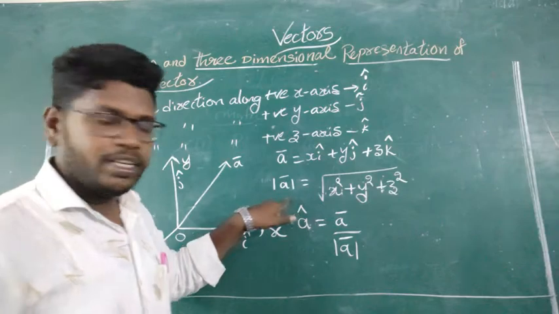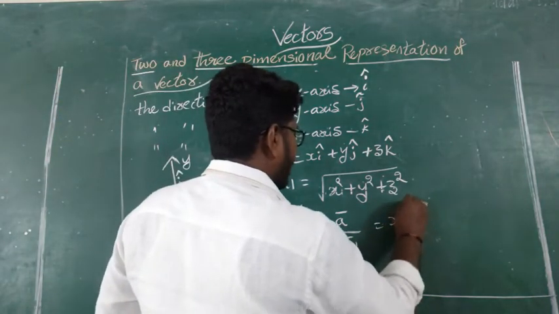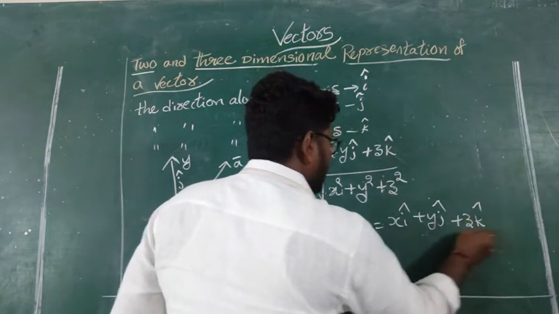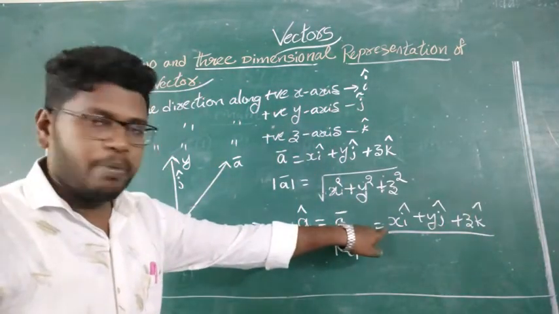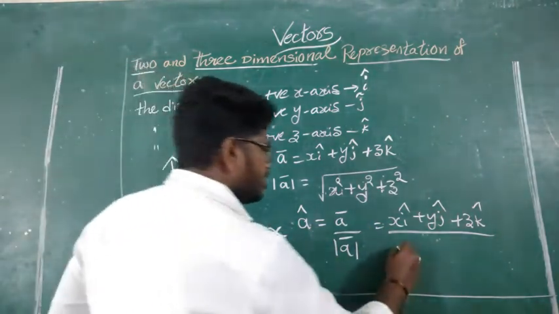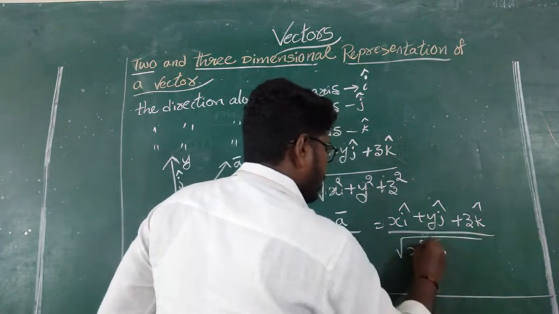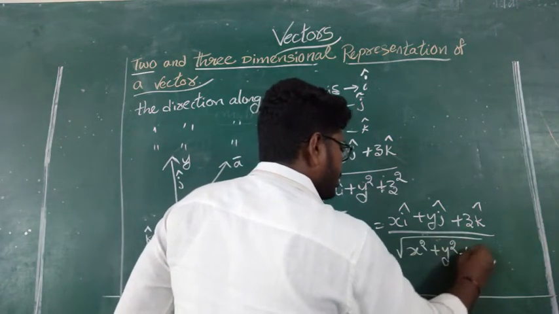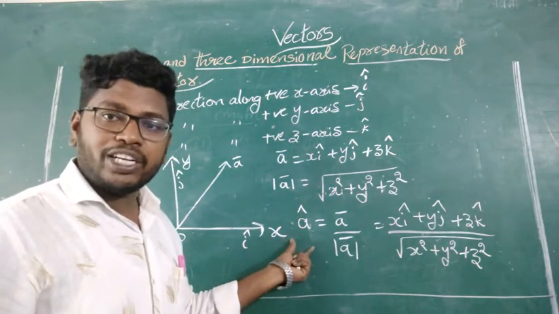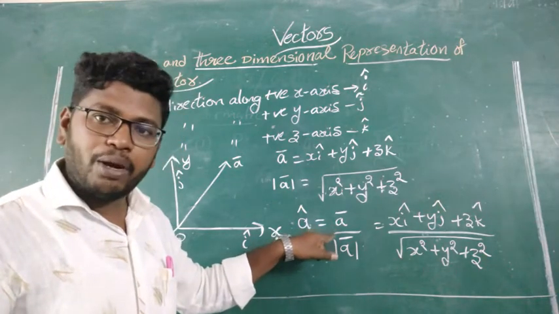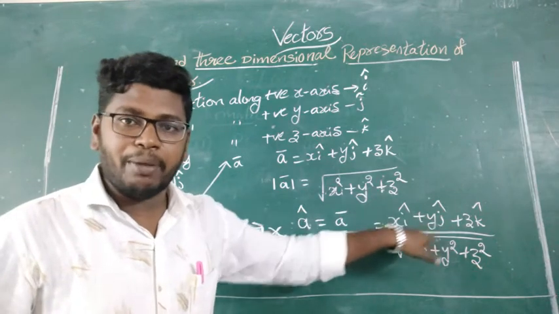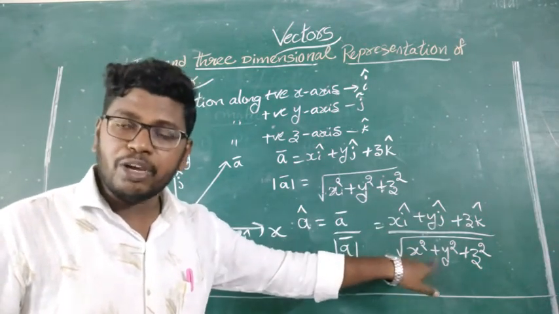What is A bar? x i cap plus y j cap plus z k cap, divided by the magnitude of A, that is root of x square plus y square plus z square. So whenever you are asked for the unit vector of A, you should write A bar by magnitude of A bar, that is x i plus y j plus z k by root of x square plus y square plus z square.